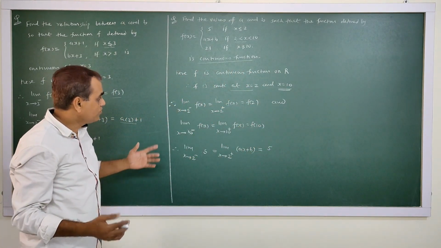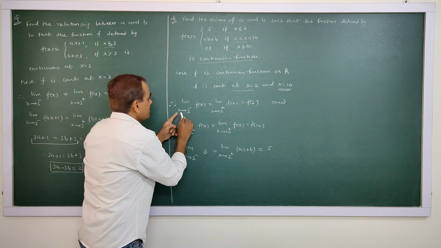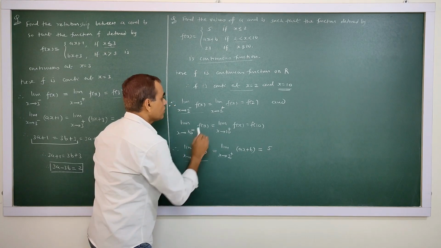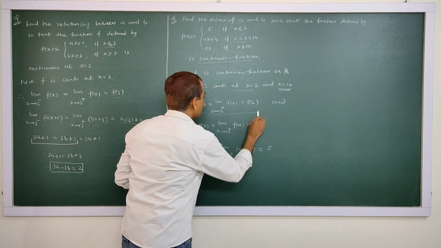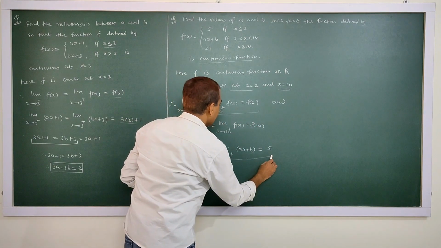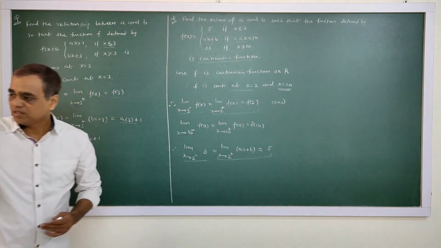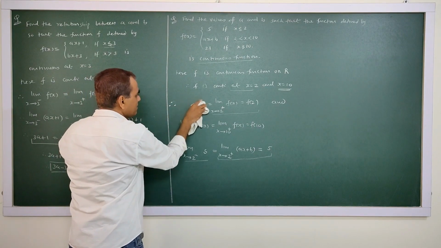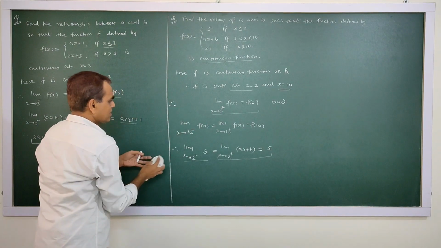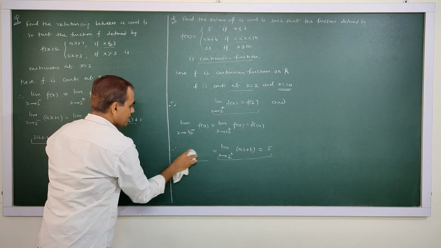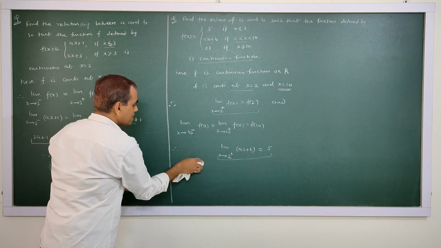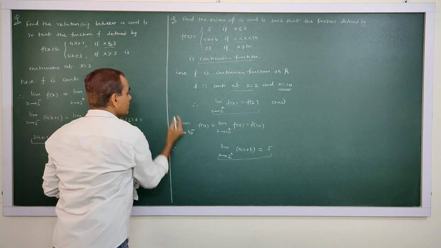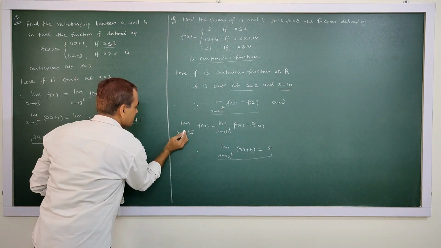So let us remove this part. This part is sufficient to obtain the values of a and b. Similarly, this part I am removing. Use only the required part. No need to use all terms.